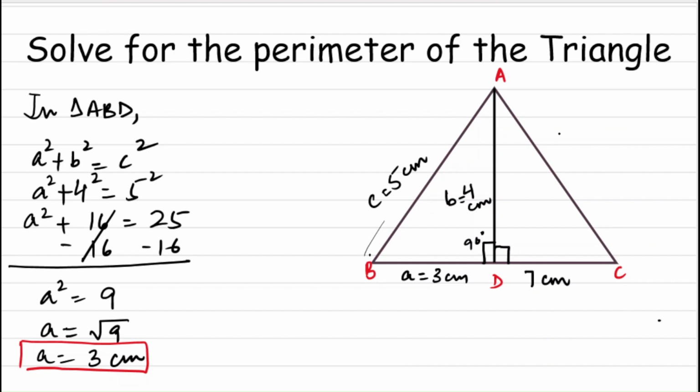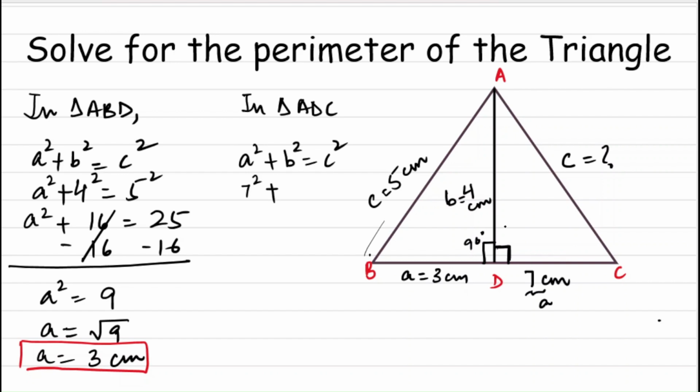Now look at triangle ADC. This is 90. For this triangle, this will be C, which is unknown. You can take this to be A and this to be B. So A square plus B square is equal to C square. What is A? 7, so 7 square. What is B? 4 square equals C square. 7 square is 49, 4 square is 16, equals c square. 49 added to 16 gives me 65.